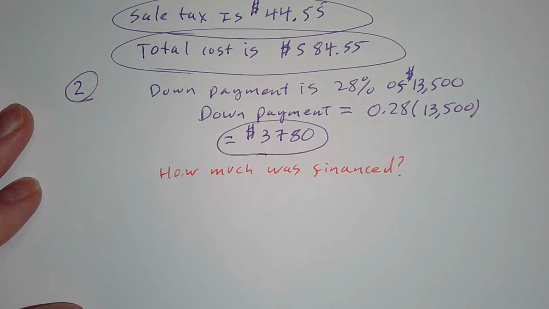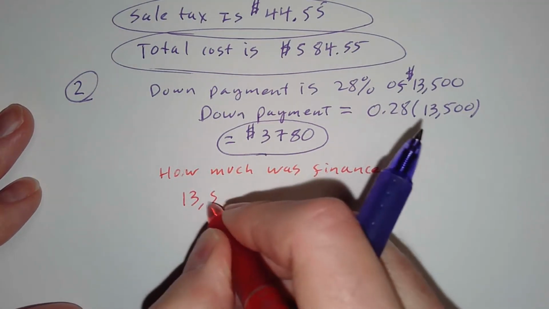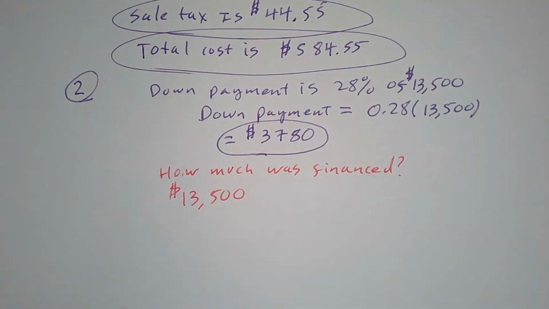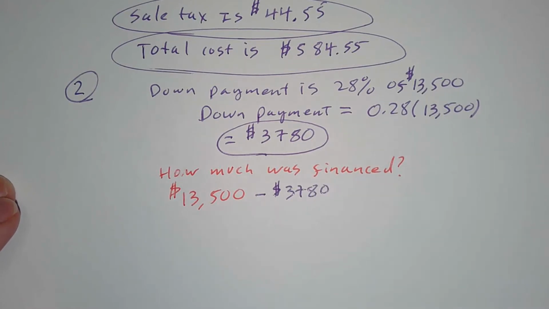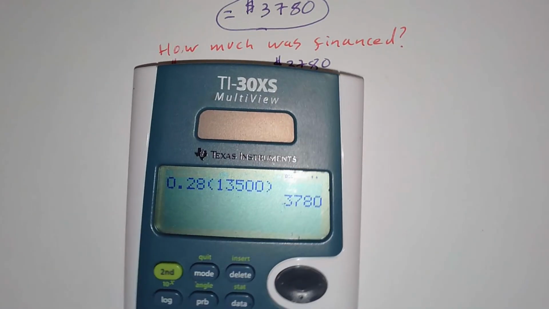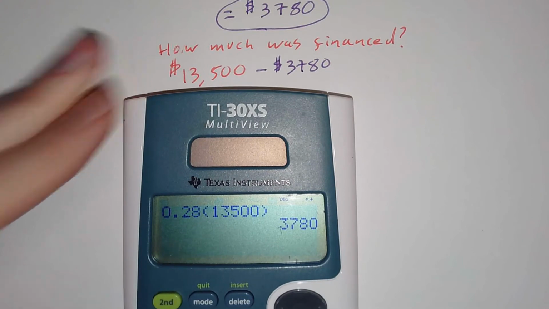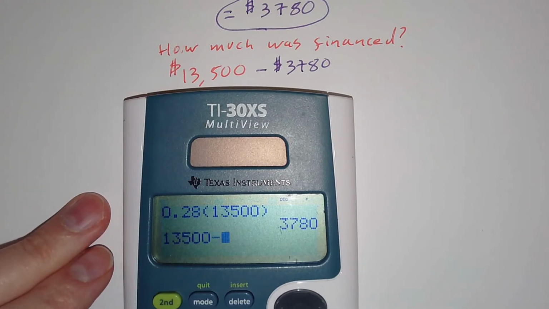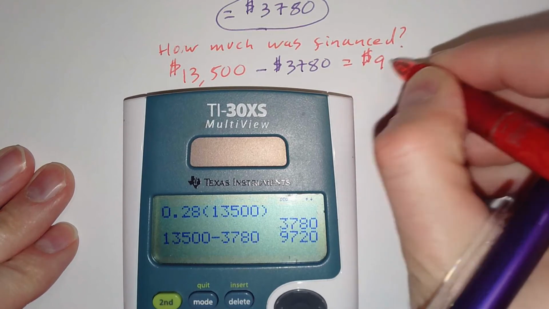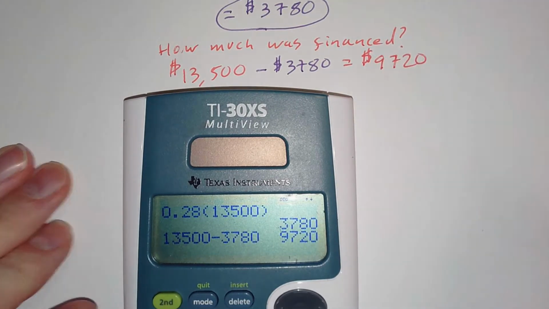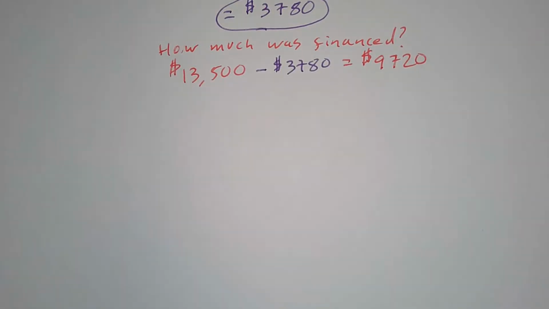And if they did ask you that, you would just take your 13,500 minus the down payment. In that case, it would give you $9,720. Now, they didn't ask us to do that here on this specific problem. They just wanted us to find the down payment. So we would just stop there.